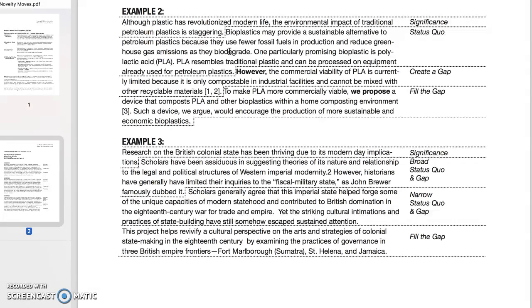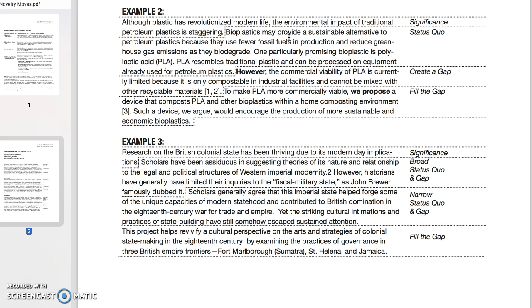And moving into how they define their status quo, they say bioplastics may provide a sustainable alternative to petroleum plastics because they use fewer fossil fuels in production and reduce greenhouse gas emissions as they biodegrade. One particularly promising bioplastic is polylactic acid. Polylactic acid resembles traditional plastic and can be processed on equipment already used for petroleum plastics.